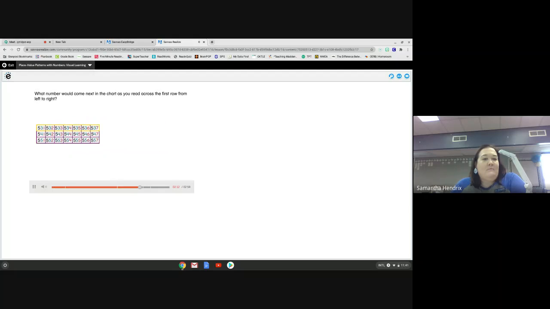What number would come next in the chart as you read across the first row from left to right? Select your answer. Which number would come first? We have 531, 532, 533, 534, 535, 536, 537, 538, 541, or 47?